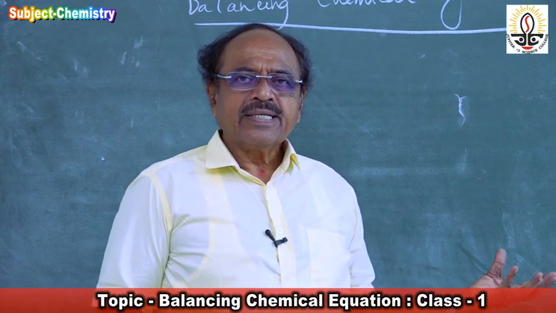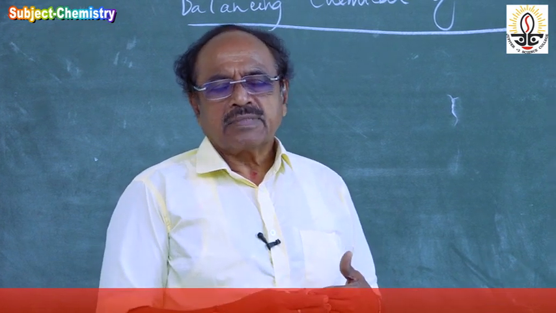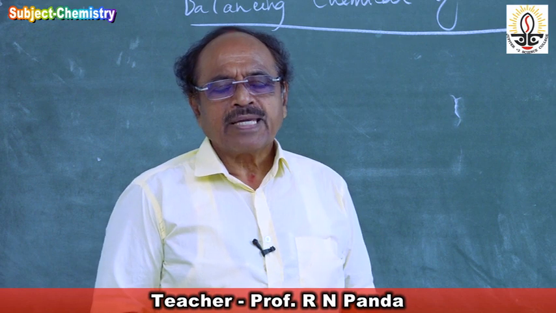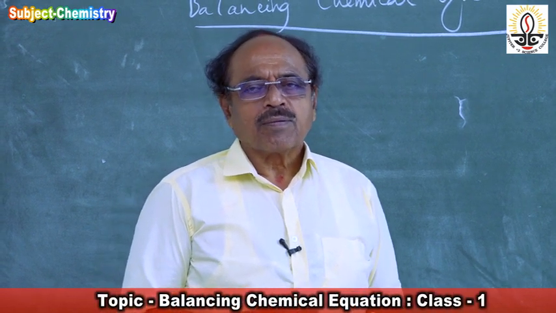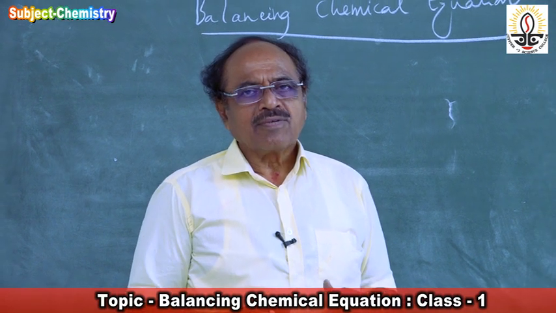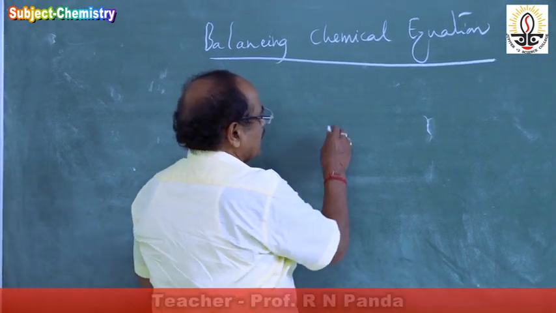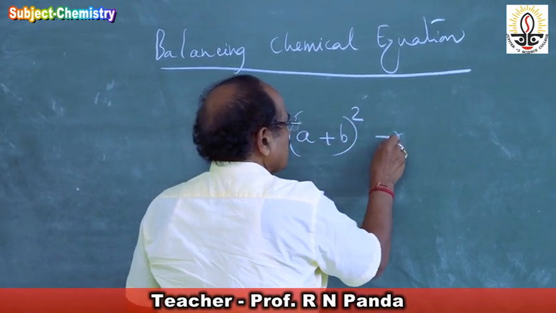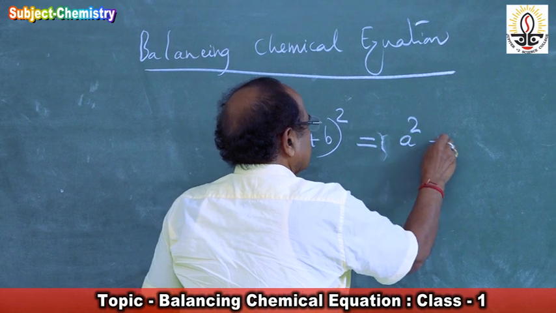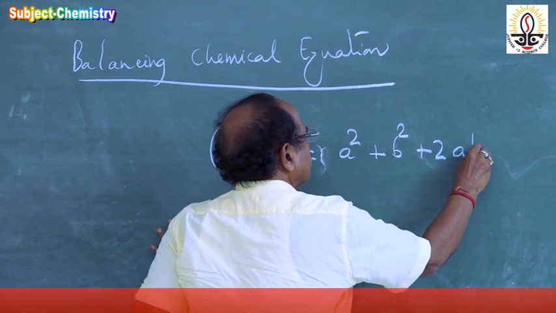So now we can write a plus b whole square is equal to a square plus b square plus 2ab.